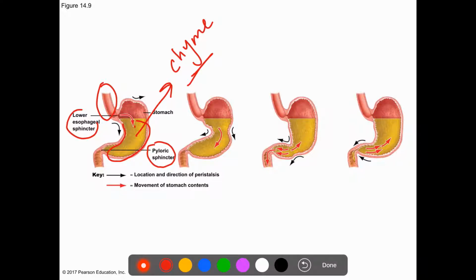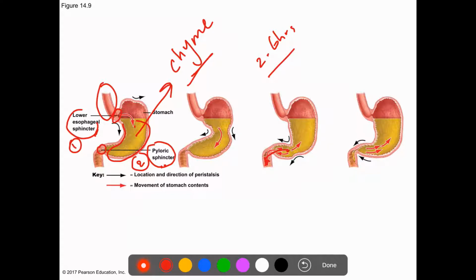So the stomach is controlled by two sphincters. The lower esophageal sphincter, this is one, and the second one is the pyloric sphincter. As I said, the pyloric sphincter is controlling the movement of the chyme to the small intestine. It usually takes between 2 to 6 hours for the stomach to empty completely after a meal.